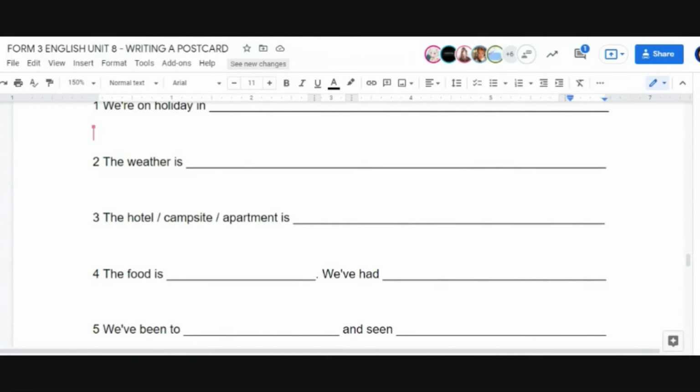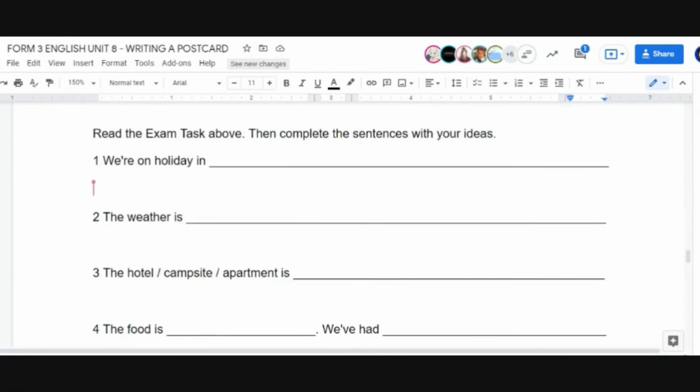Okay, so number five, we've been to, okay, so here talk about the place that you have been to, I mean the famous place in that country. For example, you say we're on holiday in France.